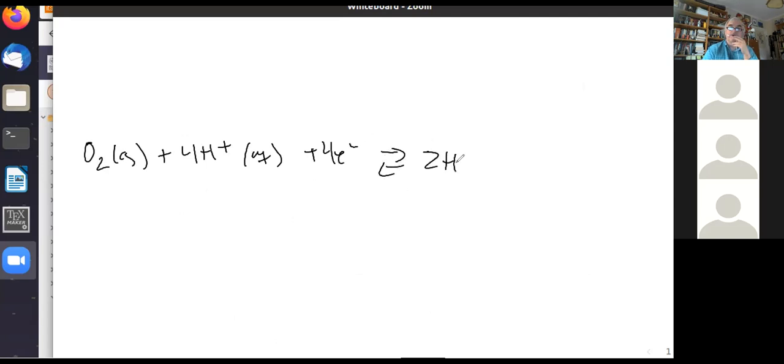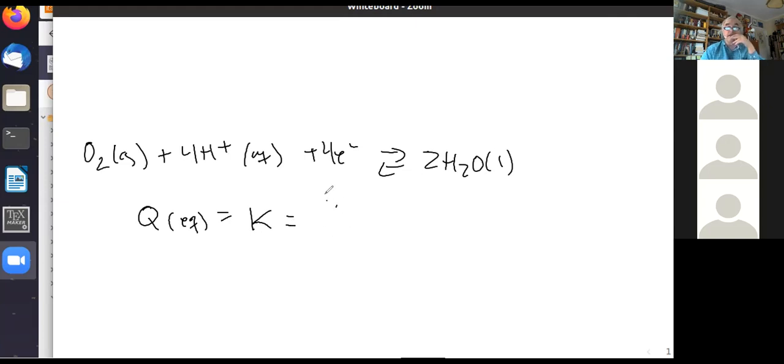And 2H2O. So if we should put up, say, an equilibrium constant or a reaction quotient, if we have equilibrium, then we call this reaction quotient a special value, the equilibrium constant.